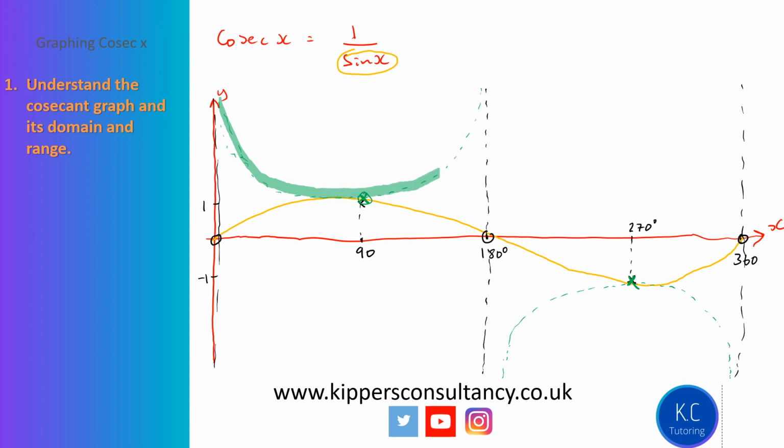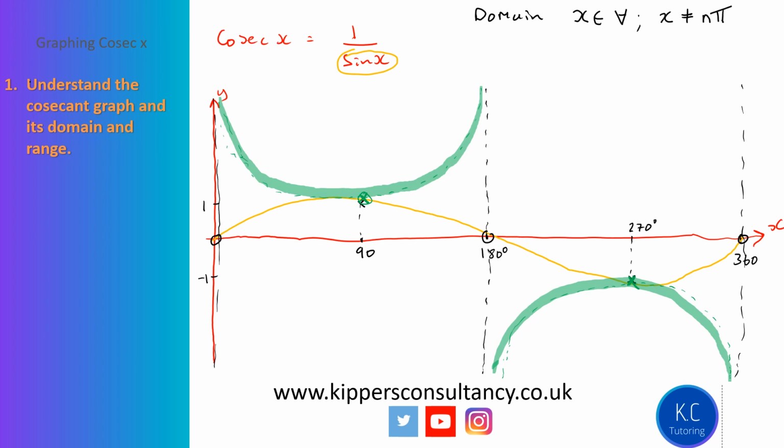So this green line I'm drawing is what the graph y equals cosec x would look like. We can see that the domain of the cosec x graph, i.e. what the x values are, is: x belongs to all real values except x does not equal a value of pi.